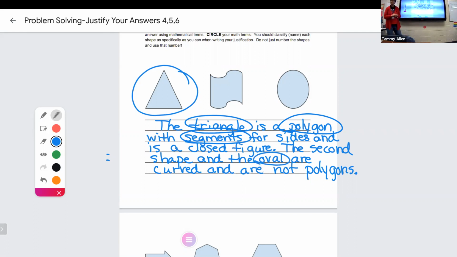Anything else? Curve. Not necessarily. Okay. Sides, we could.